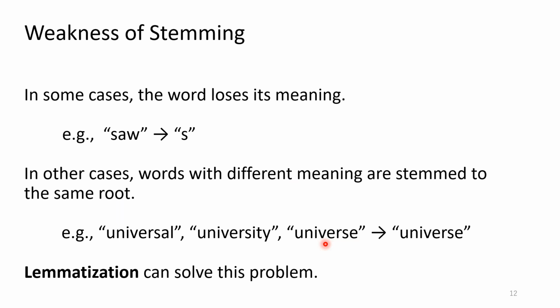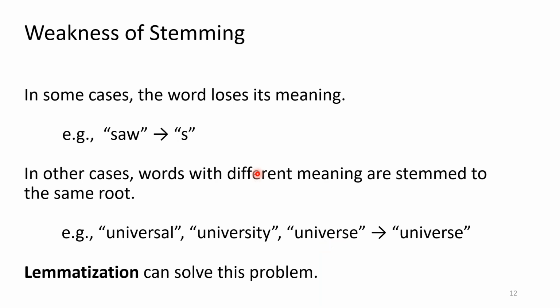So stemming is a simple way of token canonicalization, token normalization, but it has some weaknesses. The first one I said on the slide before. So let me discuss other points here. First, stemming can lose the meaning of the word.